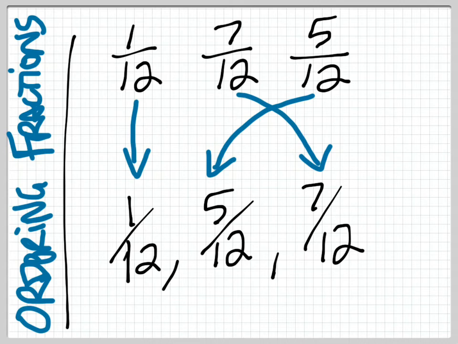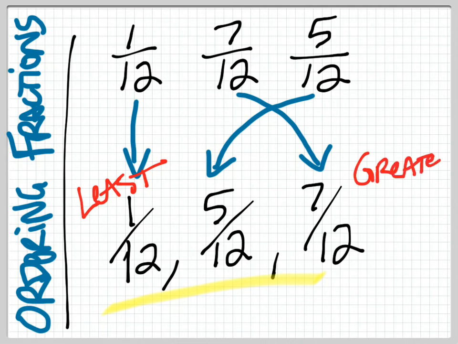Okay? What you want to notice here is when we put them in order, we're always going to go from least at the beginning to greatest at the end. That is ordering fractions.